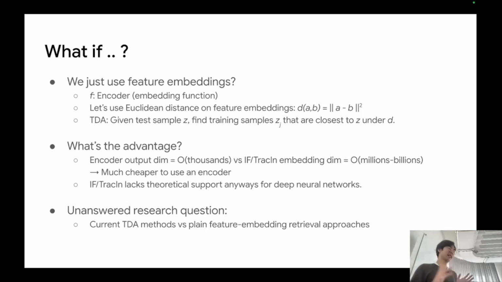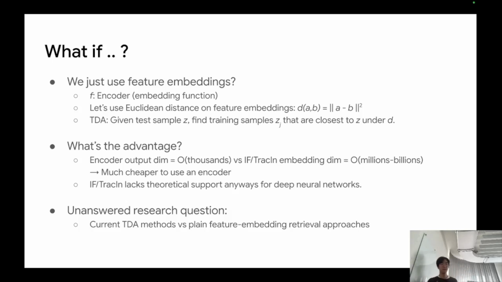But in the usual setting where people do retrieval of images or text, they typically use a neural network encoder, like a transformer encoder, and take maybe the final layer of the network as the embedding of the raw input, and that usually takes only thousands of dimensions.